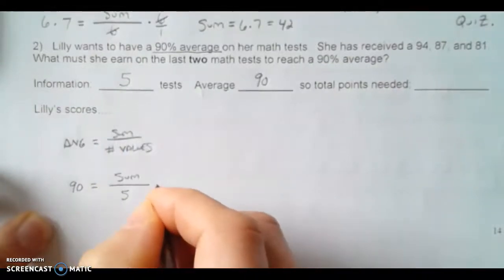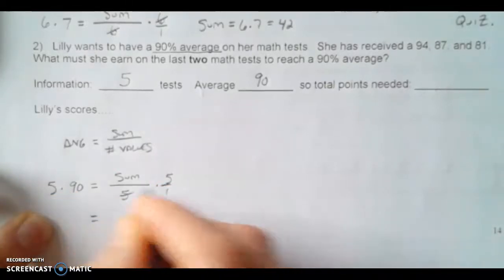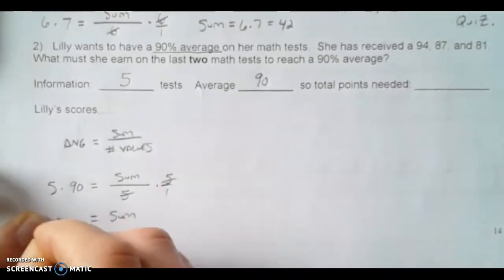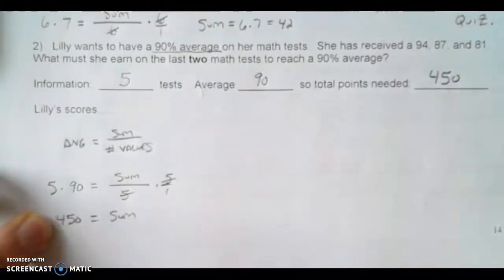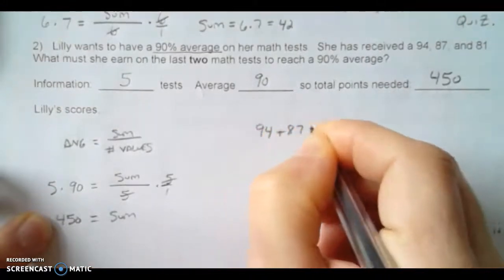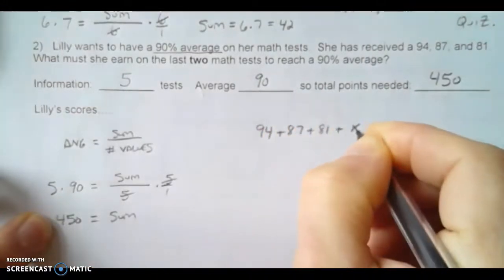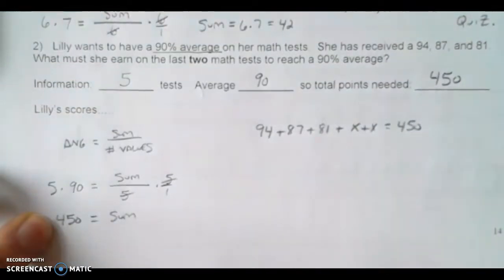Multiply both sides by 5. This means then that the sum has to equal 450 points. So she needs 450 points. So now we're going to add up the 3 that we know plus the 2 that we don't know and set it equal to 450.